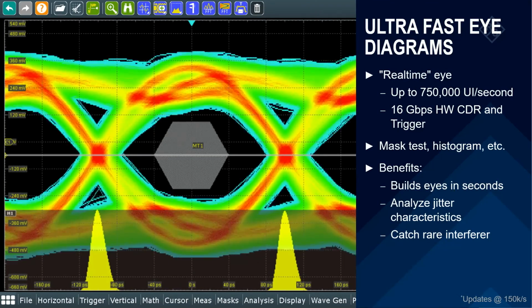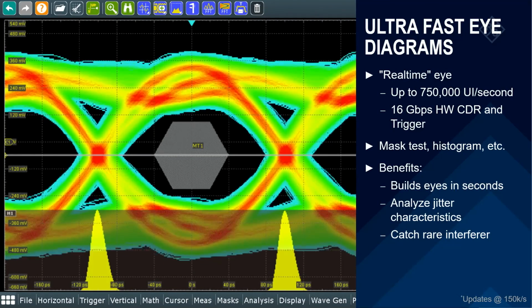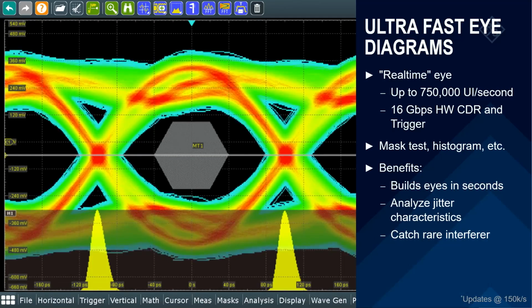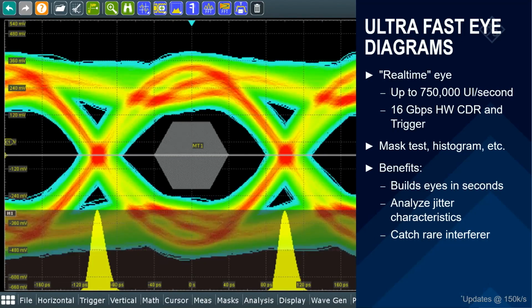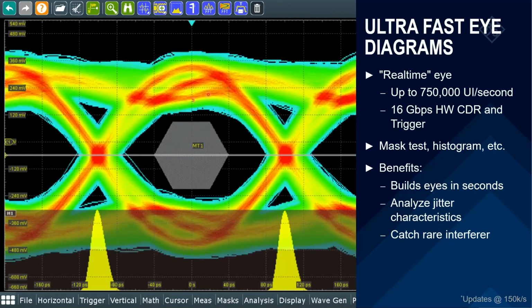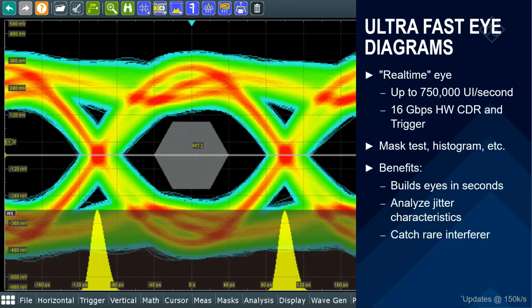And with this, we come to this result of this ultra-fast eye diagram, where we can use all the benefits, and we can read what is the characteristic of our device, what is the jitter here in the transition. We can catch with the mask some rare interferer and so on.